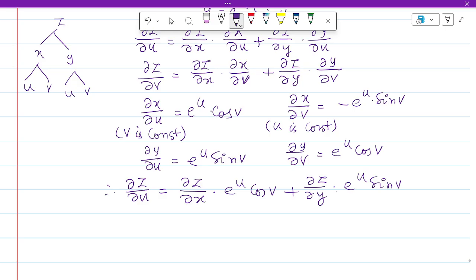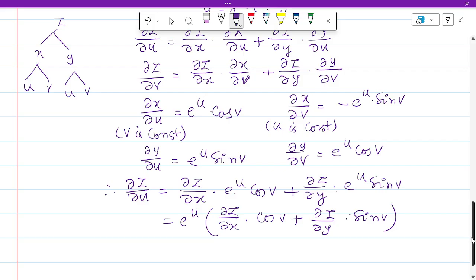So you can take e power u outside. The remaining is dou z by dou x into cos v plus dou z by dou y into sin v. What is dou z by dou v?